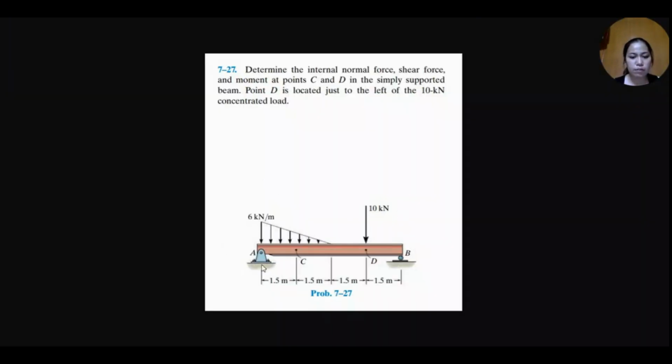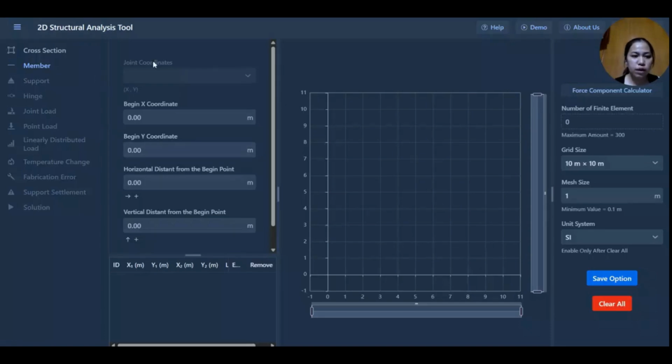For the exercise we have only one member, as you can see here, and it goes from A to B. So we just go to our website, our tool PermaLearn, and we can see the word member here. We click it and start to draw it.